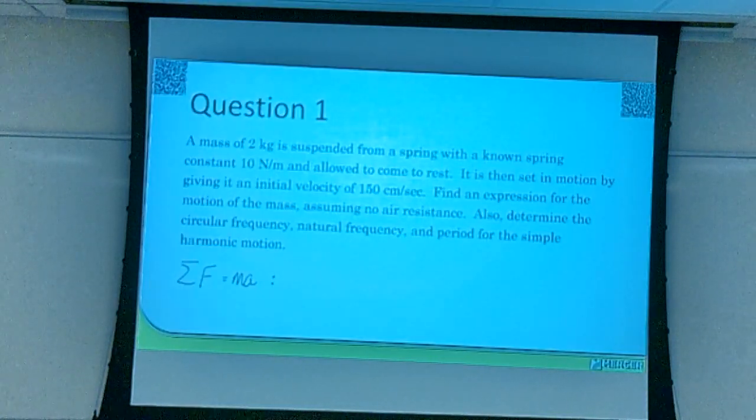Well, acceleration is the second derivative of position, so it'll be m x double dot equals the sum of our forces.